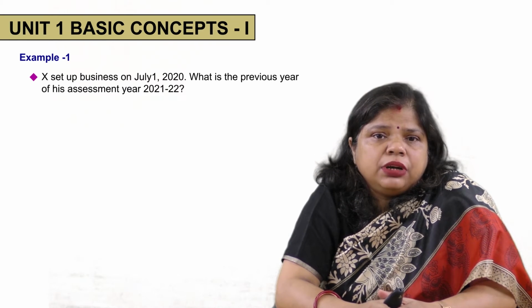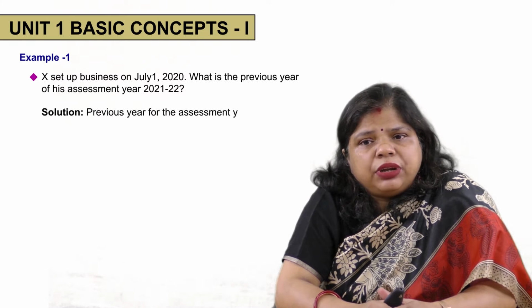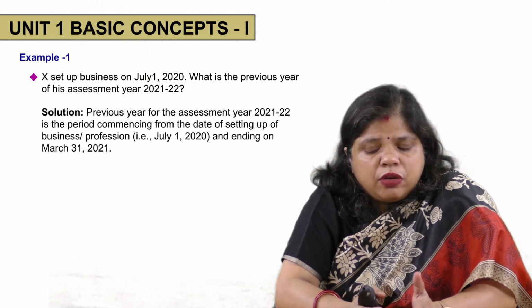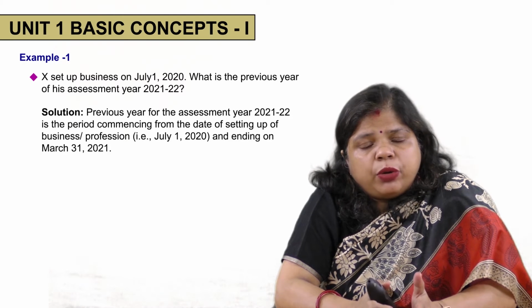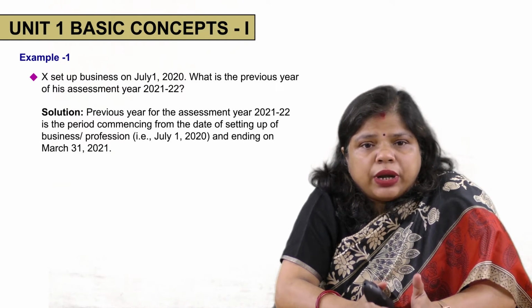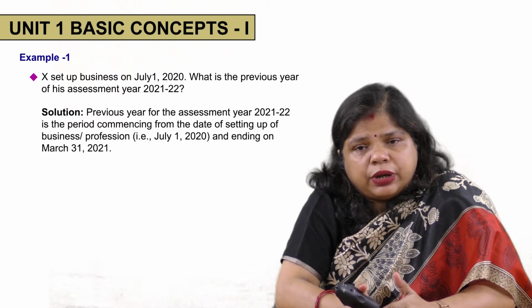Suppose X set up business on July 1st, 2020. What is the previous year of his assessment year 21-22? For assessment year 21-22, the previous year will be 1st April 2020 to 31st March 2021.